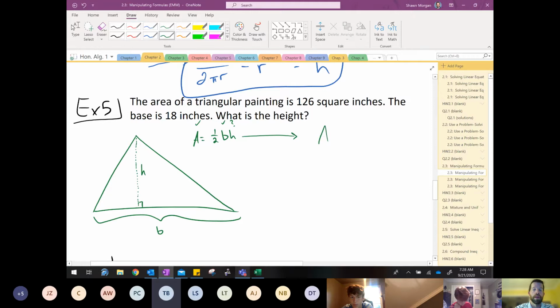All right. So we got A on the left. We got 1/2 BH over there on the right. Reed Johnston, what should I do to both sides to get H by itself? You could either take 2 steps or you could do it all at once. Multiply.